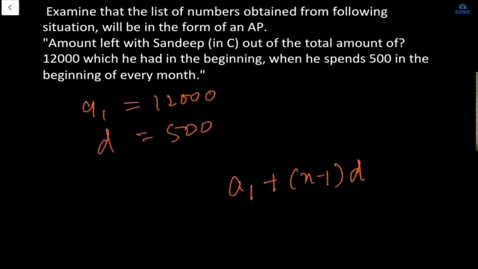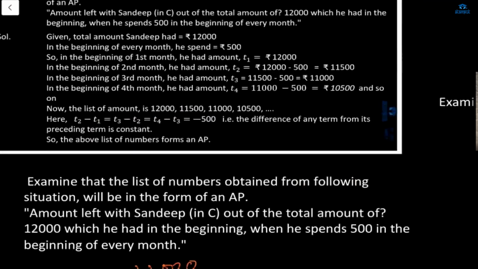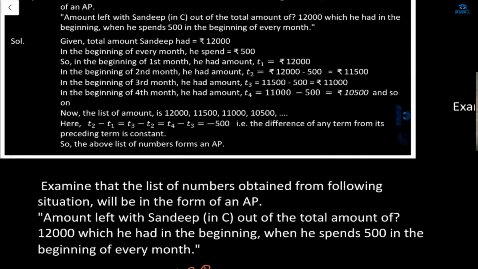What is your answer? Actually, what you have to show is that the amount obtained from the following situation will be in the form of an AP. So you don't have to apply a formula here. What you have to do is show that these numbers are in AP. So first of all, you have to show that the total amount was 12,000. In the beginning of every month, he's spending 500.